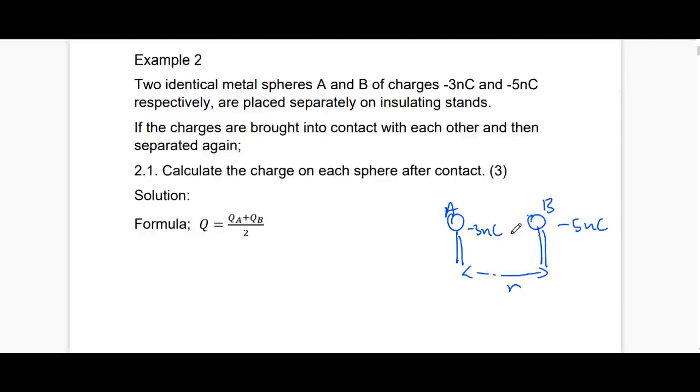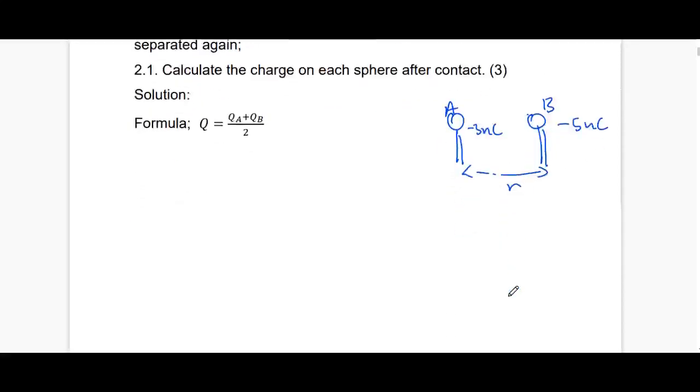Because we have two spheres that are identical, meaning they are equal in size and have the same material, they are going to distribute the charge evenly. They will share the charge, dividing it in half. So when I separate them, each sphere will have half the total charge of the spheres. Here's the formula you will use to calculate the charge on each sphere after contact.